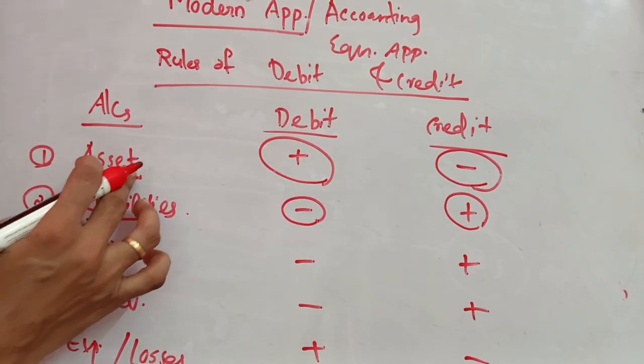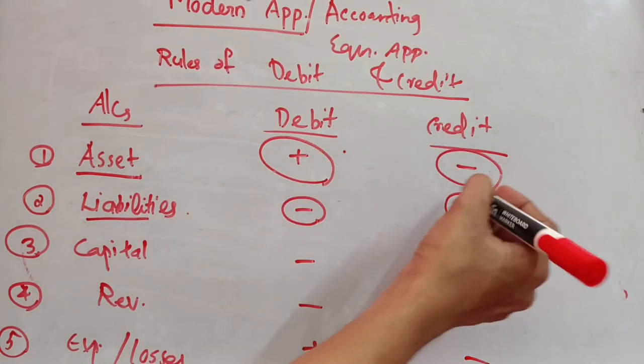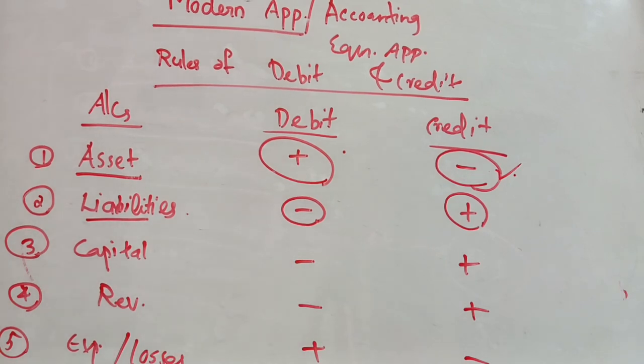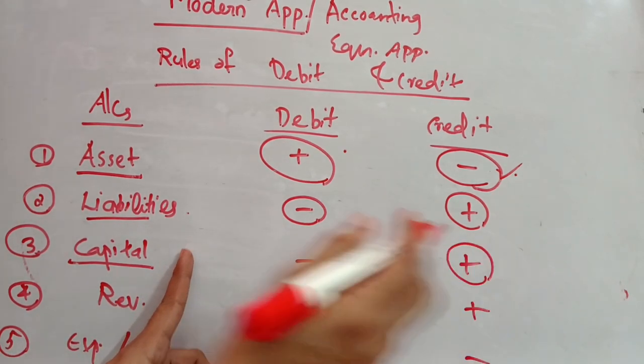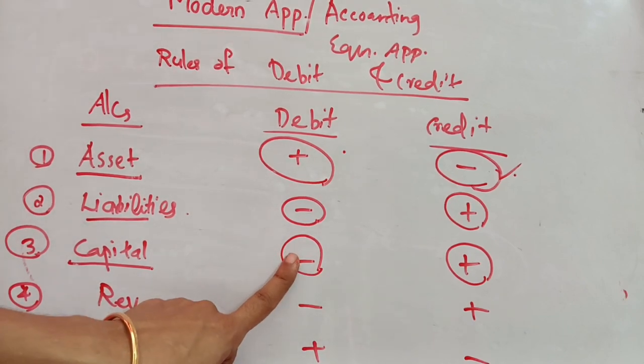If an asset account is increased, it should be debited, and if decreased, it should be credited. Likewise, in case of capital accounts, when the capital is increasing, it should be credited. When the capital is decreasing, it should be debited.